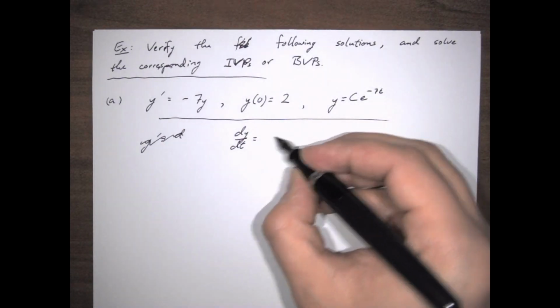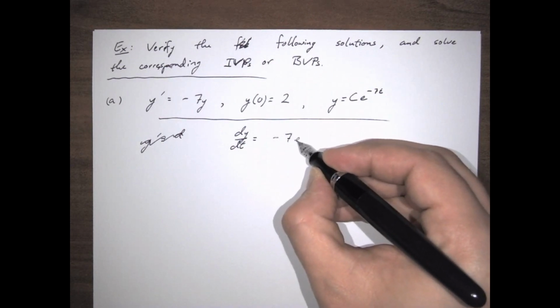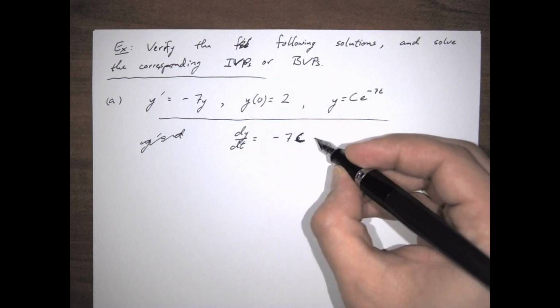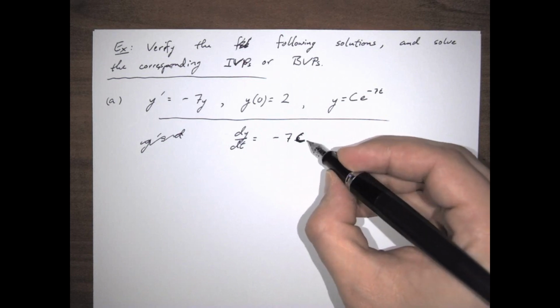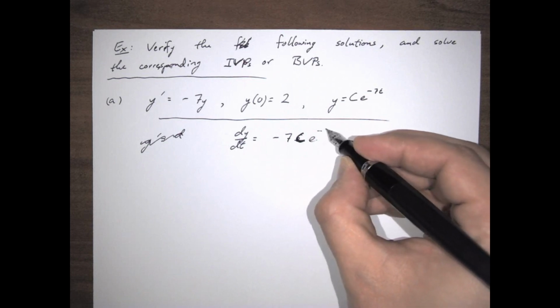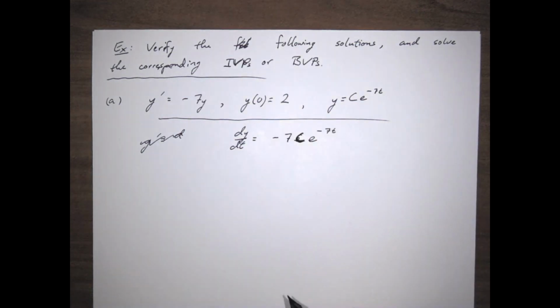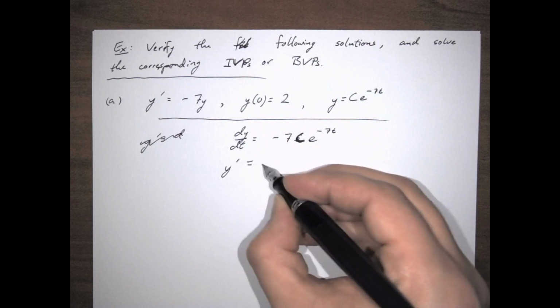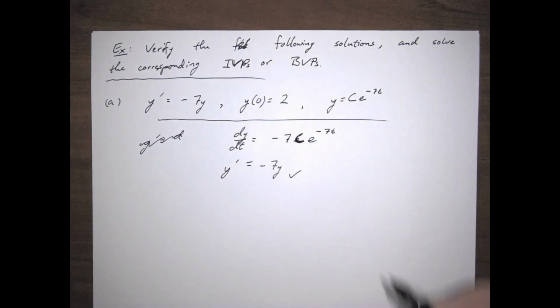So dy/dt is equal to negative 7c, so c is just a constant, and if you remember, a constant multiple will still be there in the derivative, and then e to the negative 7t. So this is the chain rule in effect here, and that sure enough is equal to y prime on this side and negative 7y on that side. So check.